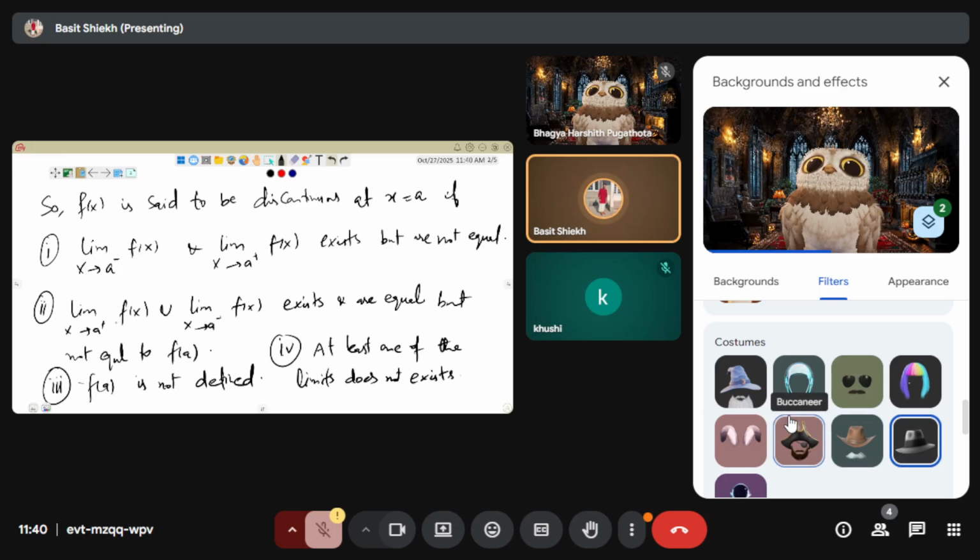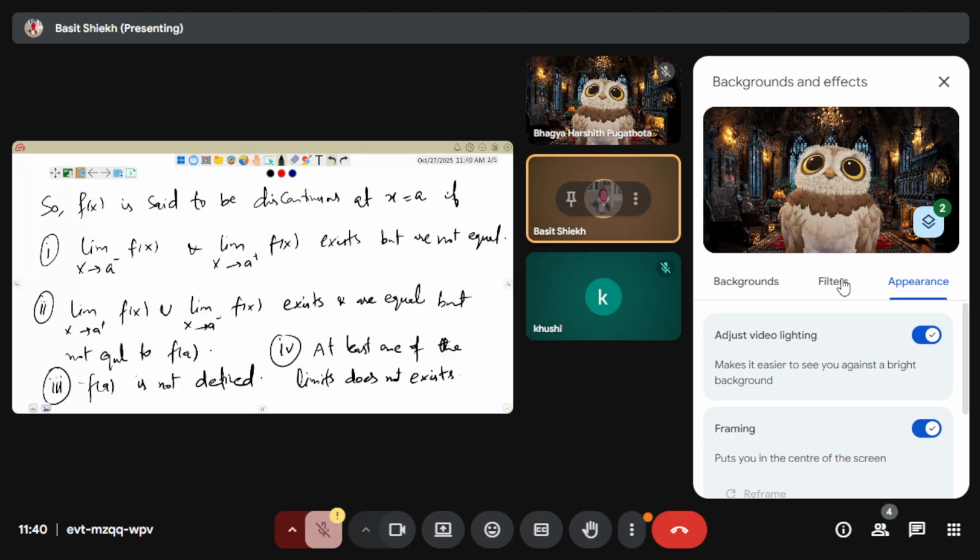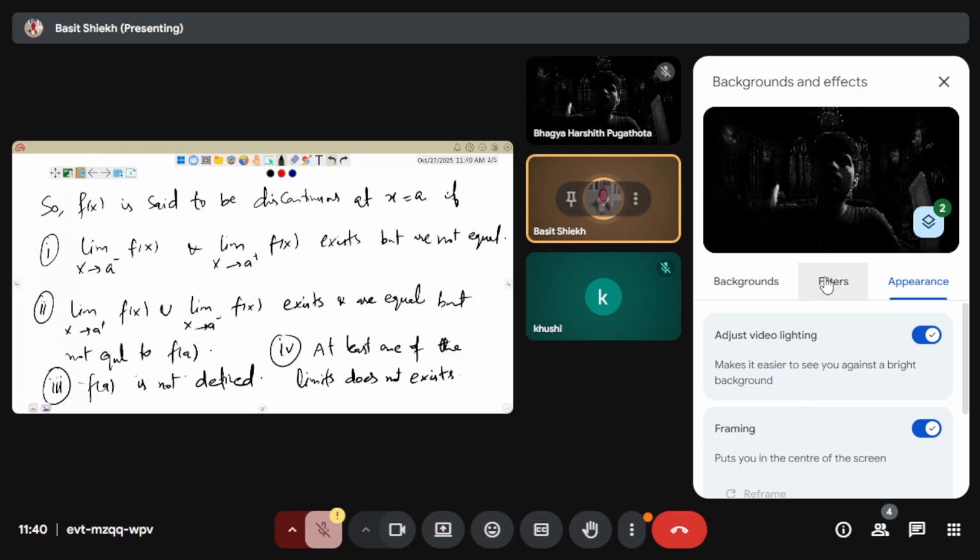Second, if right hand limit and left hand limit both exist and are equal but not equal to f of a, the value of the function at that point a, we have again discontinuity. Third is f of a is not defined.